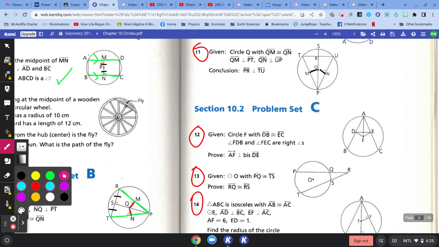And that tells us by Theorem 68 that UP and TP are congruent. Now, that tells us that P lies on the perpendicular bisector of UT because P is equidistant from the endpoints of UT. So see what you can do with that.